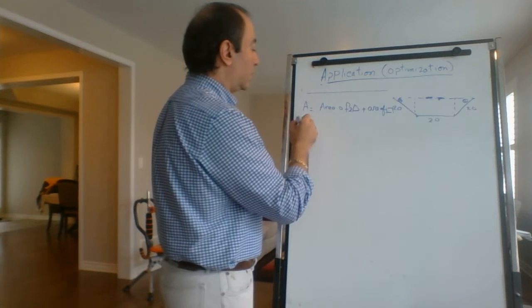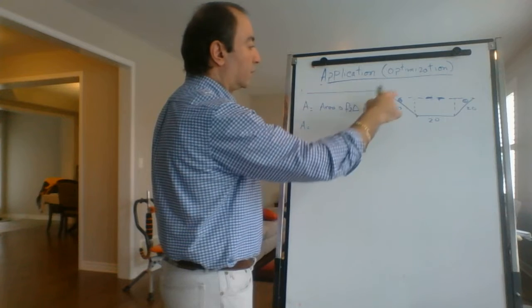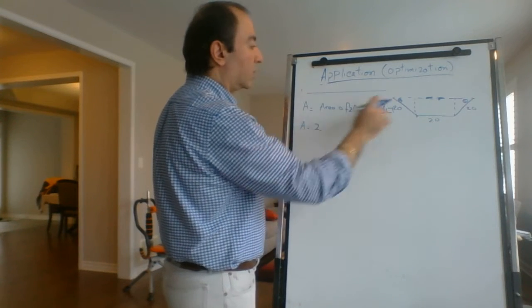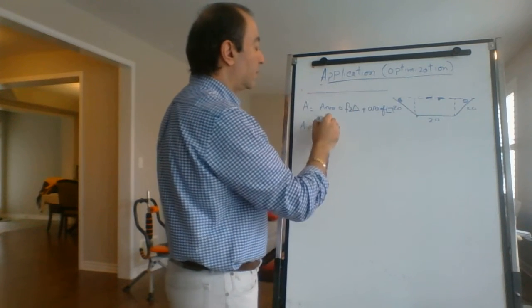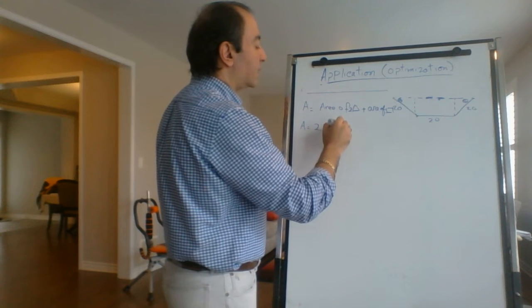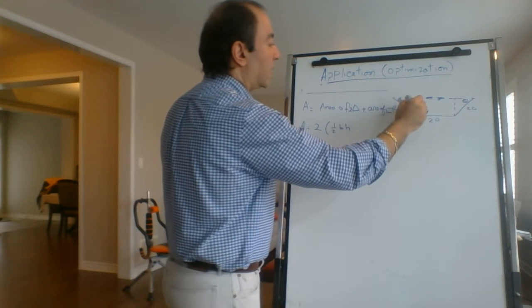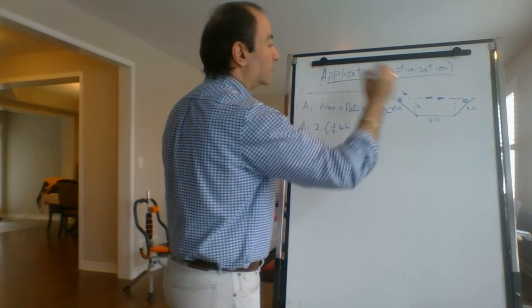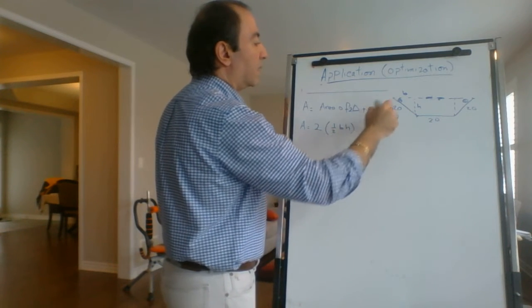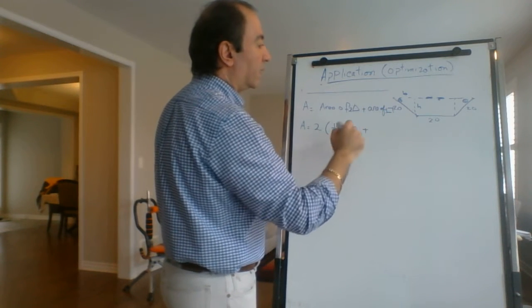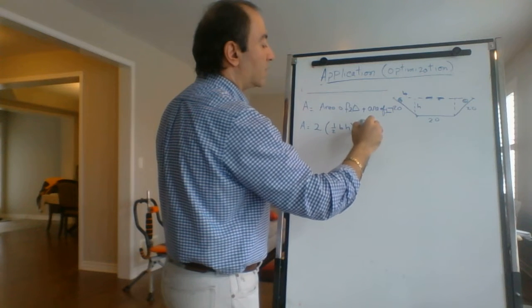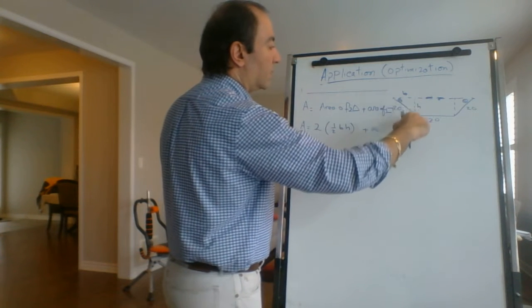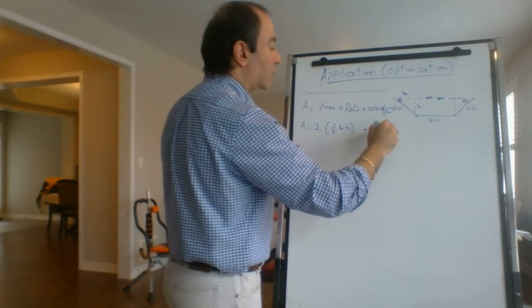The area of these two triangles is 2 because there are 2 of them, 1/2 base times height. So this is the height and this is the base. Plus the area of the rectangle is the height times 20, so 20h.